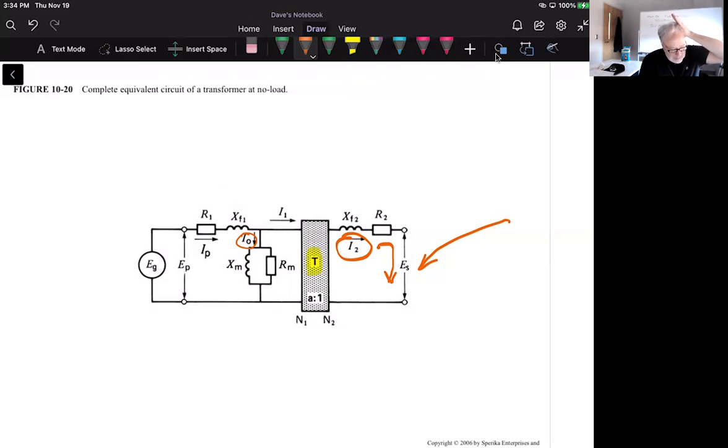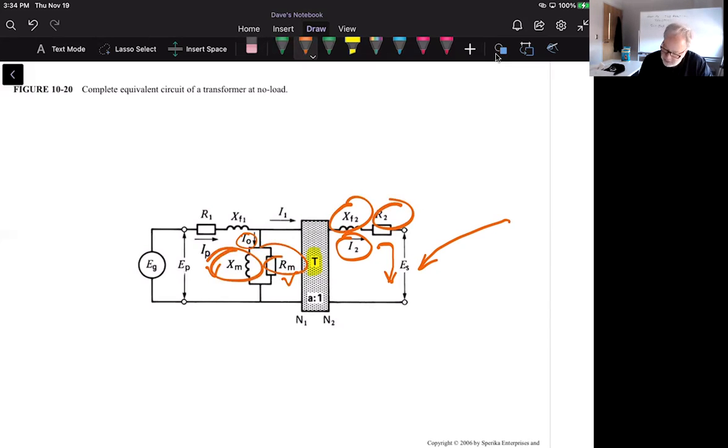And these impedances are so small that the voltage drop across them, the voltage drop from here and the voltage drop from here, they're so small that we can basically ignore them. Furthermore, since the current in R2 and XF2 is 0, we can really just forget about all 4 of these impedances, okay?